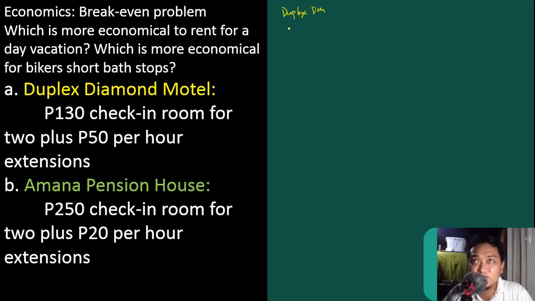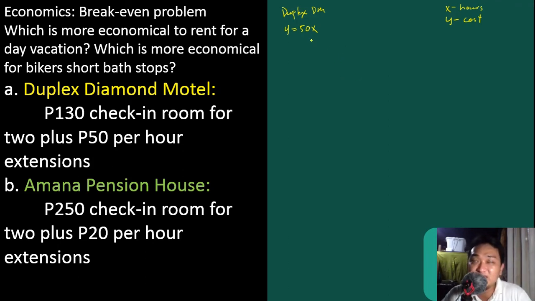Kung yung renta niya is 50 pesos per hour, that is equivalent to Y is equivalent to 50 times X, wherein yung X dito pertains to the number of hours a certain customer stays on that motel or pension house, and Y here pertains to the cost, yung babayaran natin.